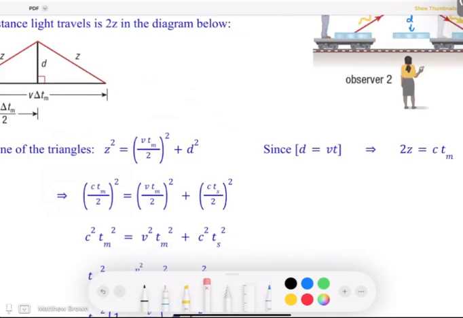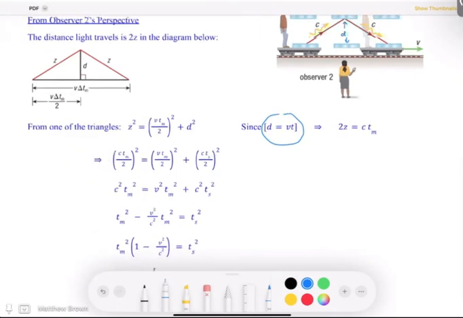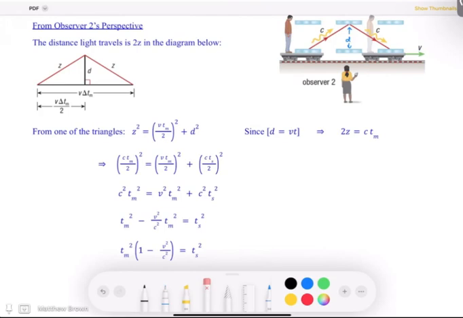And then we can do a little bit of substitution. So over here on the right, I'm just saying this in a general case. We know distance is velocity times time, right? So using that, we can say, well, we know that the distance that light travels in observer 2's perspective is 2z, that's this distance here plus that distance there. And that equals the speed of light, that's c, times the time.